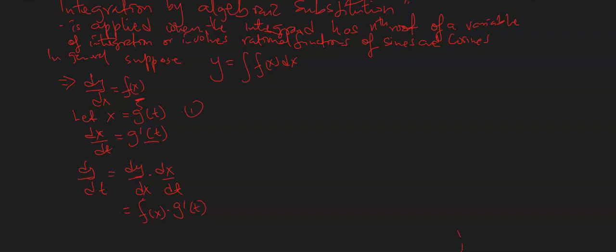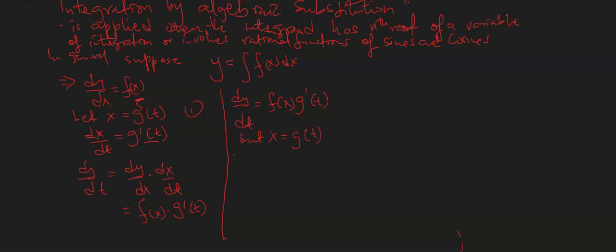so we have dy/dt as f of x times g prime of t, but x is a function of t.